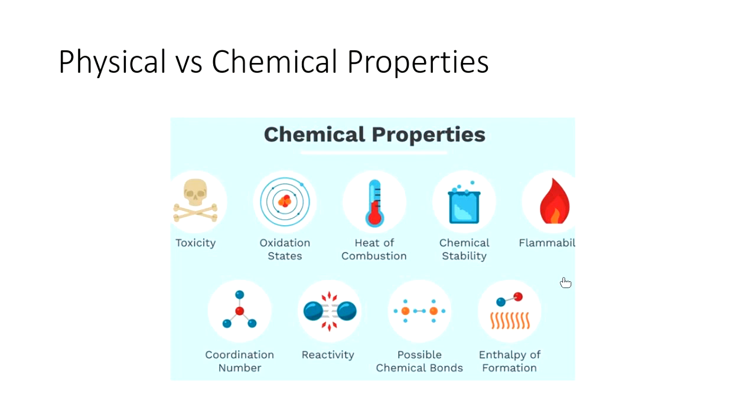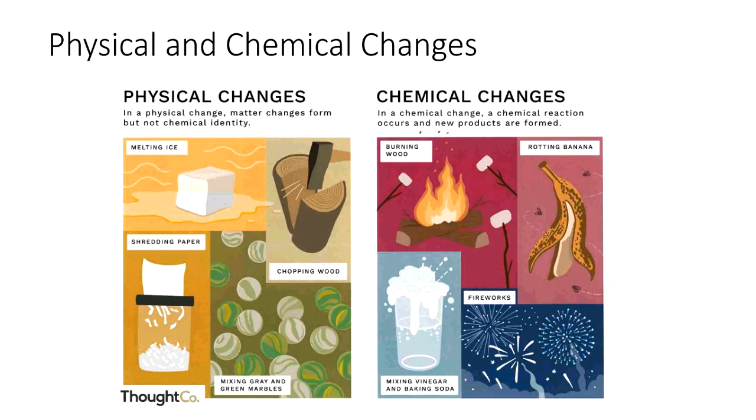Now, having said that, let's move on to physical and chemical changes. And this is pretty much the same definition. So a physical change is that change in which matter will form, but the identity of that matter is going to be preserved. So for example, we have here ice that is melting.